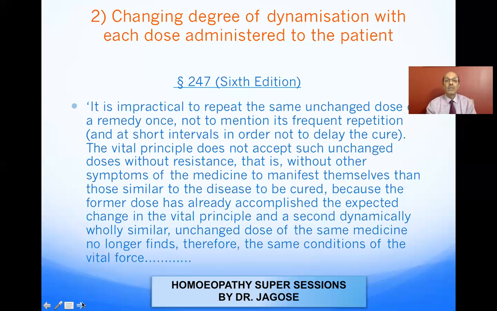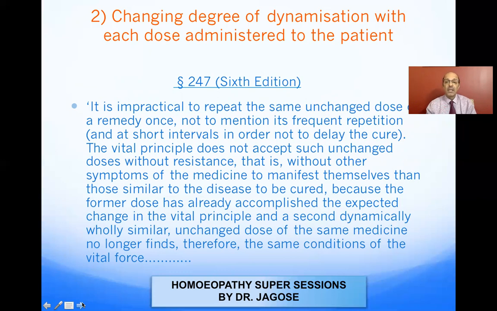Regarding changing the degree of dynamization with each dose administered to the patient. In aphorism 247 of the 6th edition, Hahnemann says it is impractical to repeat the same unchanged dose of a remedy even once, not to mention its frequent repetition at short intervals, in order not to delay the cure.